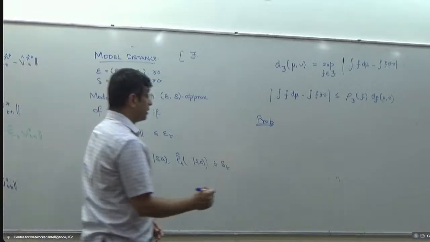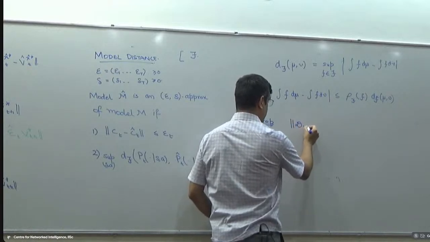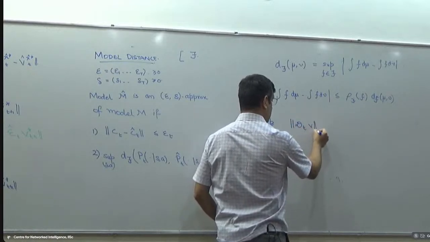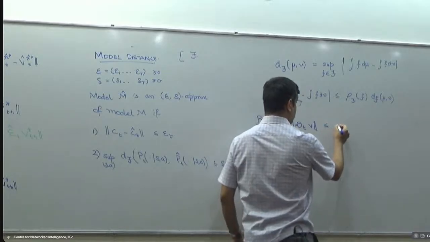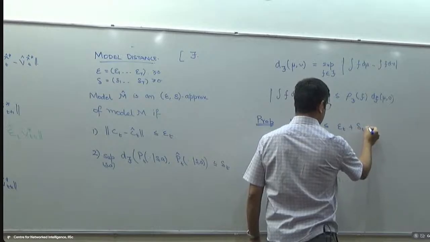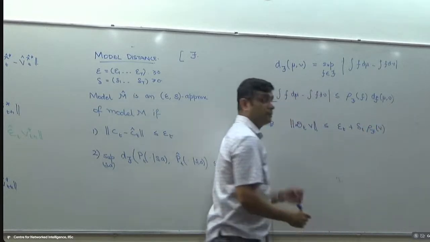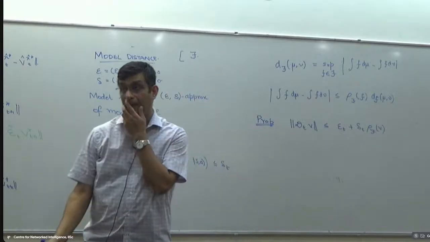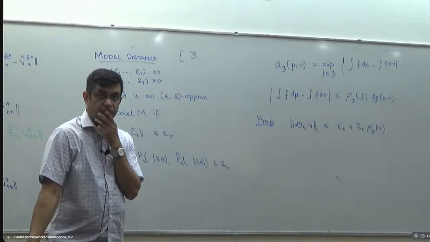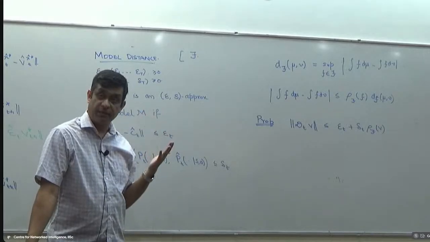If I look at the mismatch operator applied on any function v, this is upper bounded by epsilon_t plus delta_t times the Minkowski functional of the value function. I'll give a proof in a second, but let's try to understand the implication of this.